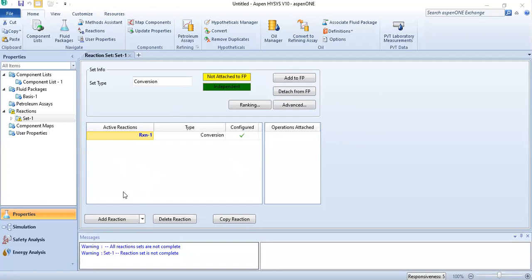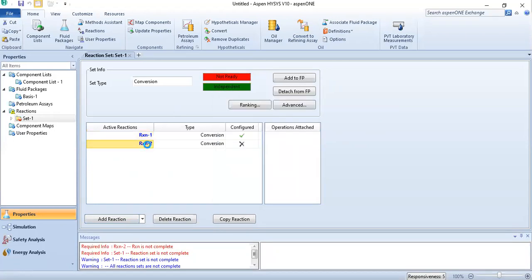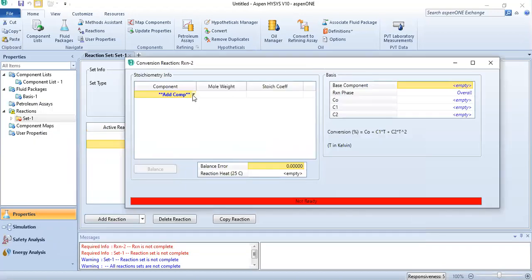Now we will enter the second reaction for producing CO2. Again, go to add reaction, then conversion, close it, go to the reaction, and select components like methane, oxygen. After that, methane, oxygen, then CO2 and hydrogen.